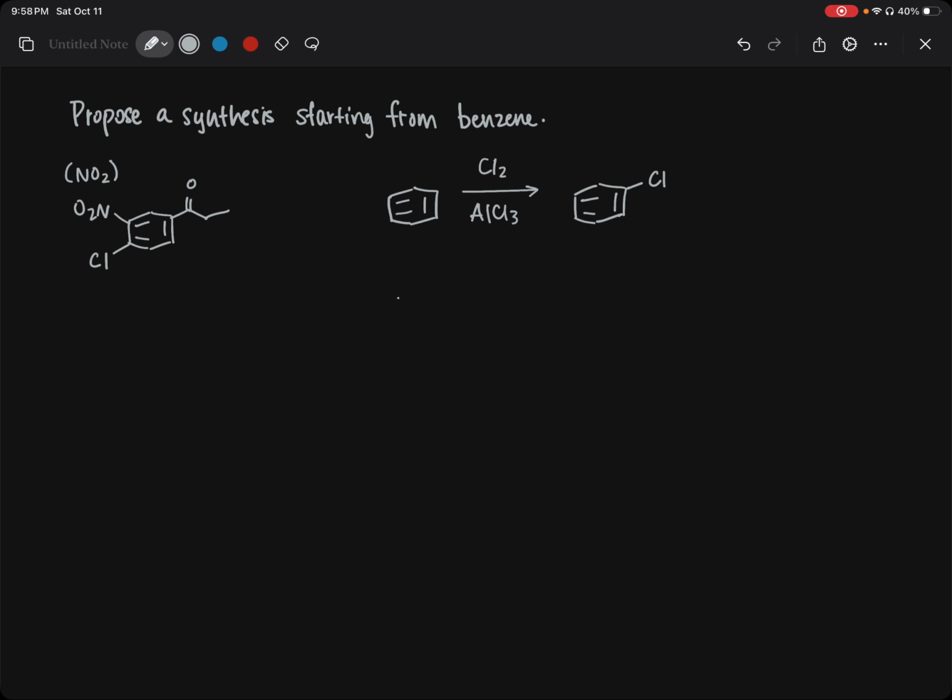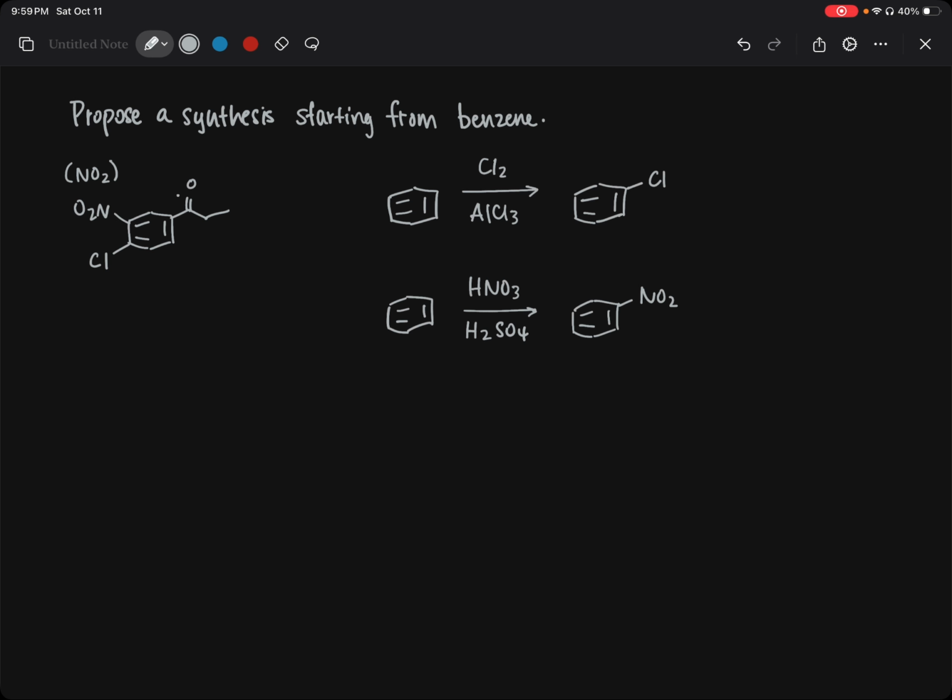Okay, so how do we go from just benzene and put a nitro group on to make nitrobenzene? Well, the set of reagents we need for that are nitric acid and also sulfuric acid. There we go, there's nitrobenzene.